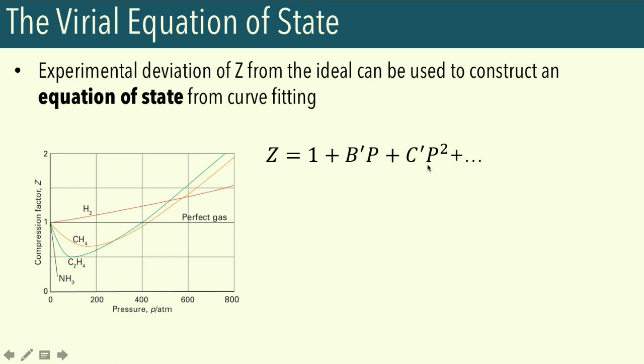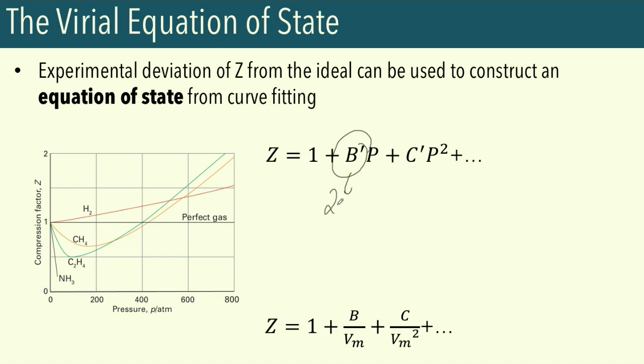Okay, so this equation can also be written in terms of molar volume. Instead of B prime we have B, instead of C prime we have C. Keep in mind that these are going to be different constants since we have our Z in terms of another equation. Our B over here is called our second virial coefficient.